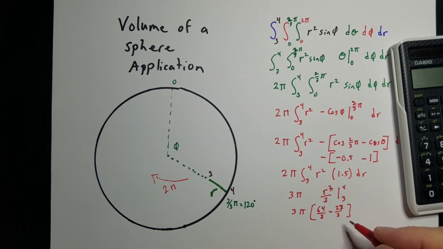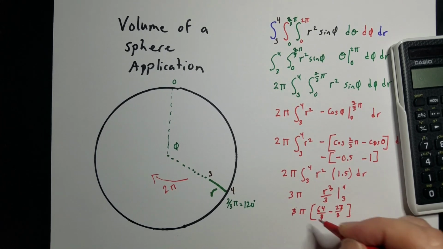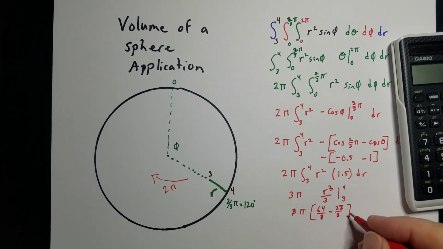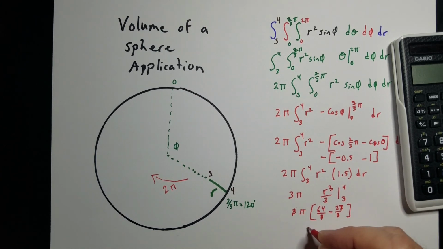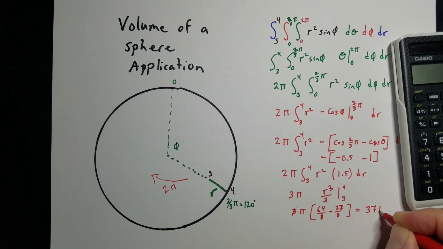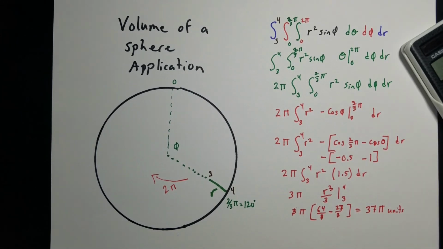Let's go ahead, and this 3 cancels out these. So we get 64 minus 27 gives us 37. So we get a volume of 37 pi units cubed.